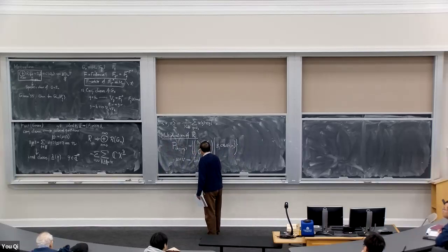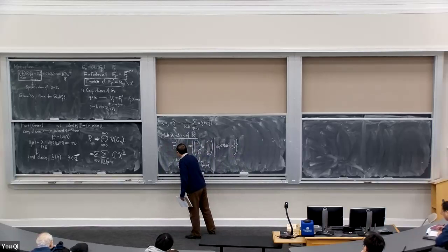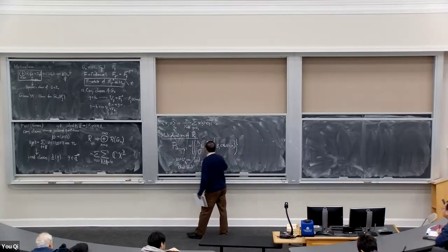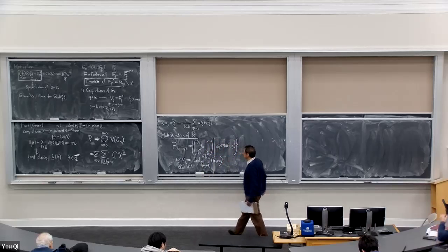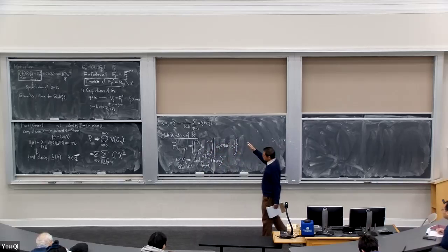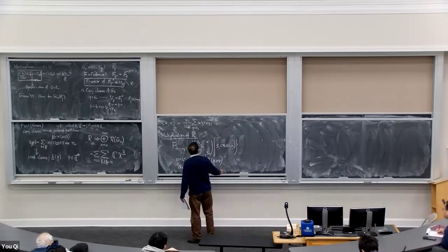Take this class function in GL_m, and this class function over here in the other factor. So then you have this. Then this becomes commutative under this multiplication.